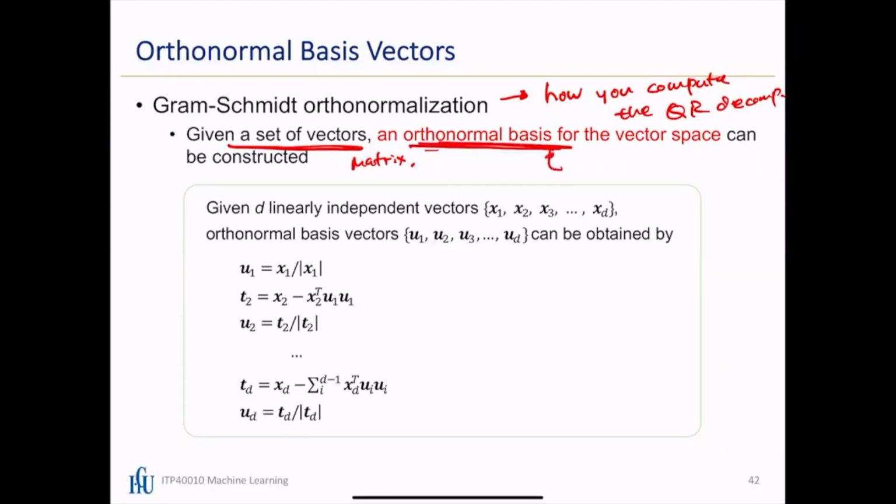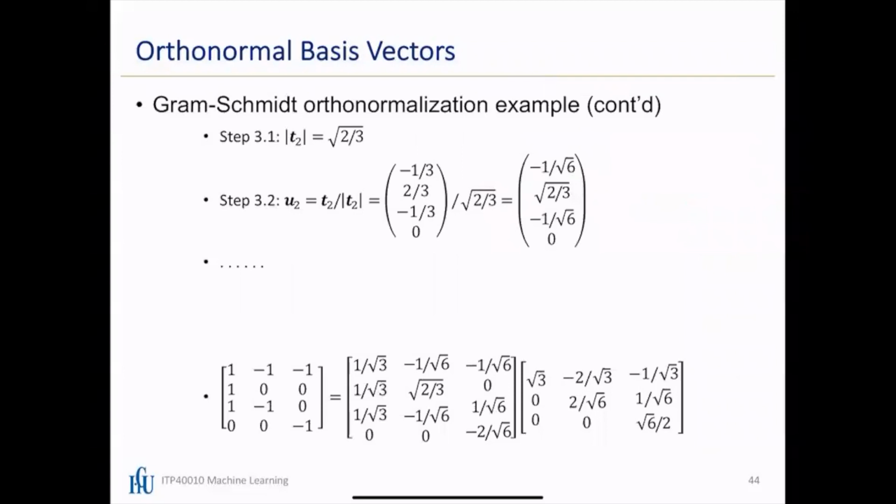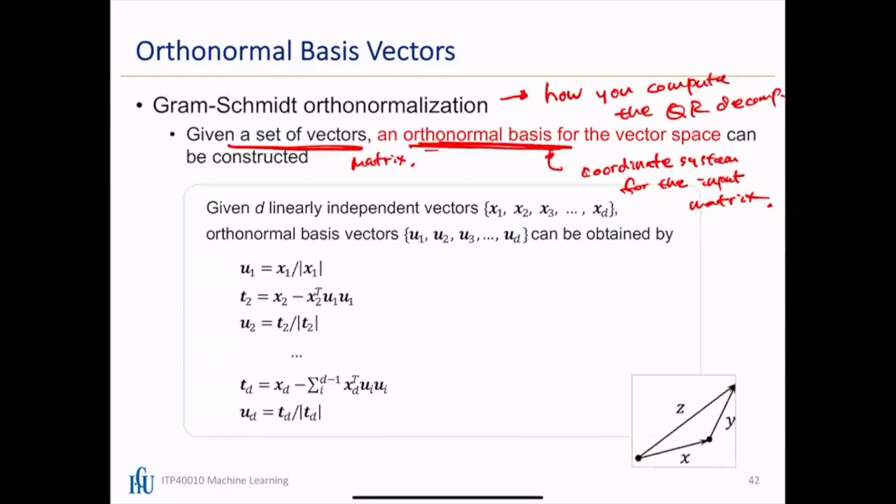So this is a coordinate system for the input matrix. The detailed computation I already went through in the slide, so if you follow the computation on the slide, you can understand the detailed process.